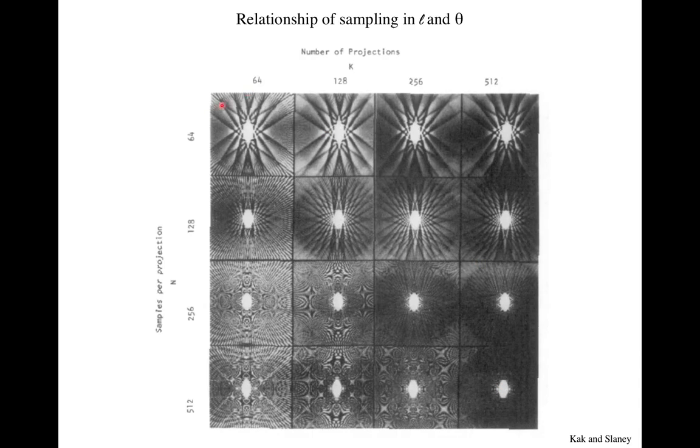With very few samples in L and very few projections, we get a significantly undersampled, artifact-containing picture where we have large streaks. When I have a lot of samples in L and many projections, I get a reasonable picture, and there seems to be some kind of circular region here. So I need to match these two things to get where I'm going. And you get these complex aliasing patterns for different levels of undersampling in either L or theta.